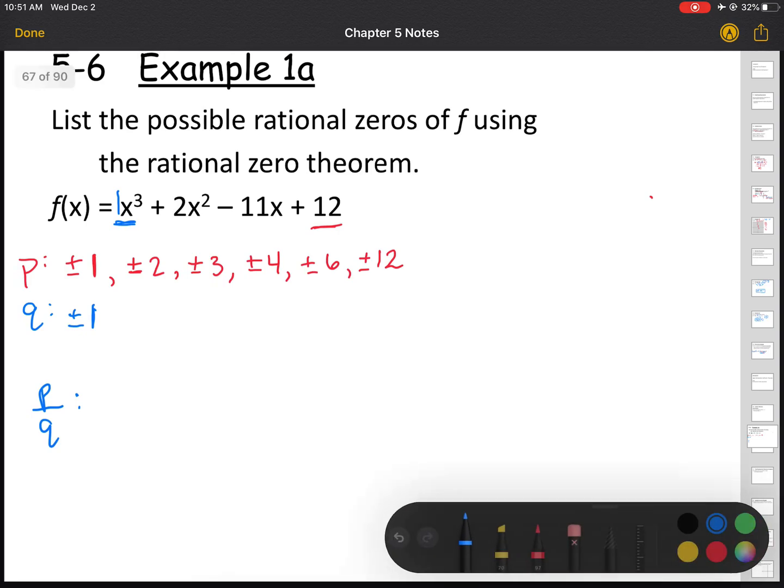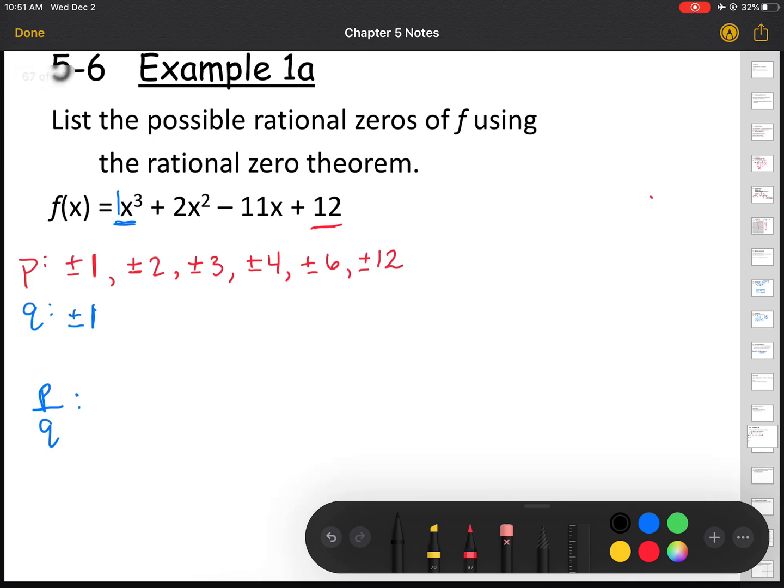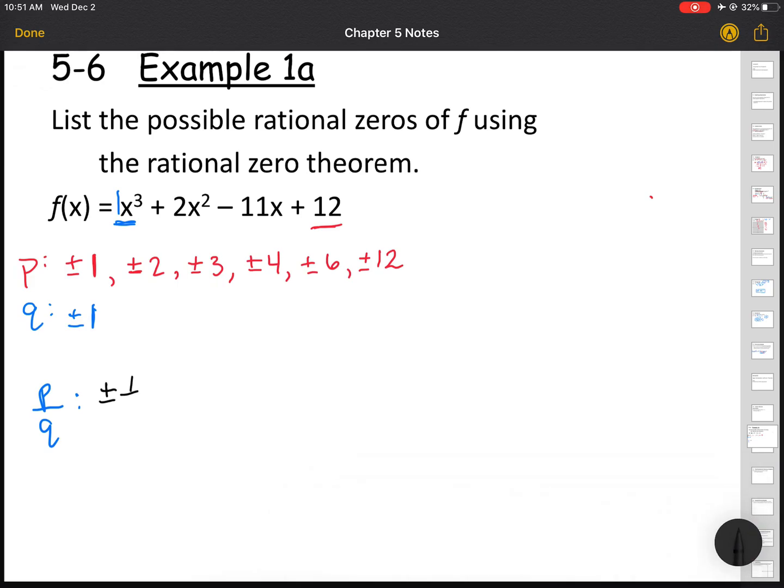So that looks like positive or negative 1 over 1, positive or negative 2 over 1, 3 over 1, 4 over 1, 6 over 1, and positive or negative 12 over 1.